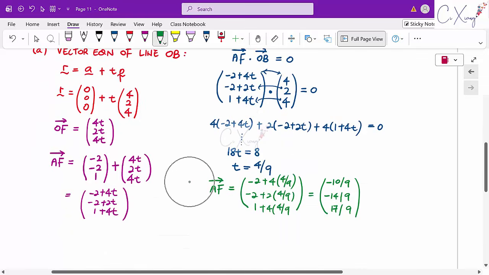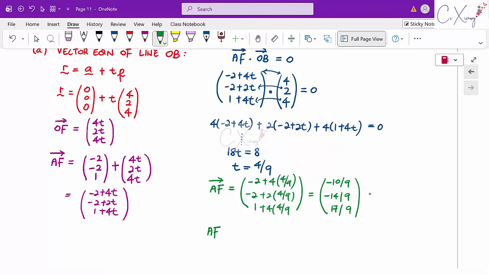Since we already have the vector AF, we can find its magnitude, which is the perpendicular distance or the shortest distance. Do you still remember how to find the magnitude of a vector? It is the square root of x squared plus y squared plus z squared.